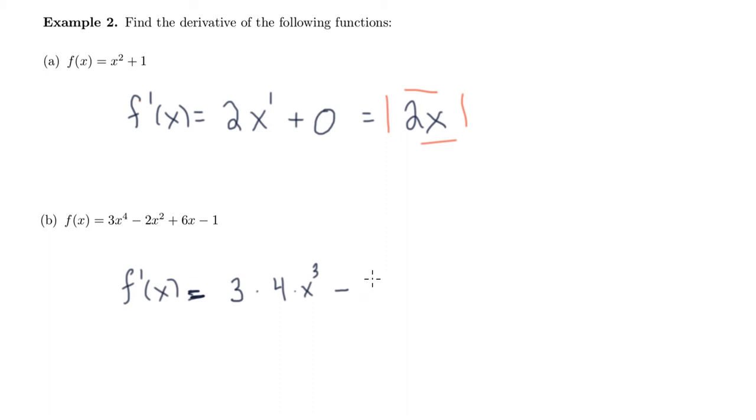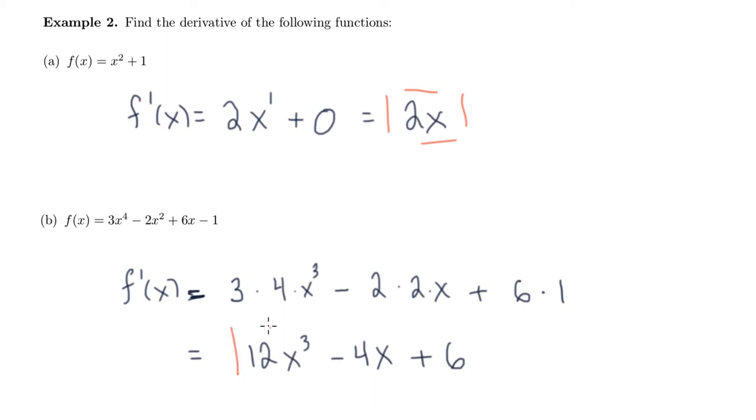Then I have minus 2, and I need to take the derivative of x squared again, which is just 2x. We already saw that up there. And then plus 6x, so that's just 6 times the derivative of x, which is 1. So that's just 6 times 1. And then we can, of course, simplify it. This is 12x cubed minus 4x plus 6. And so that's the derivative.